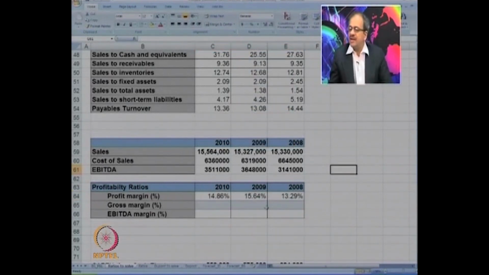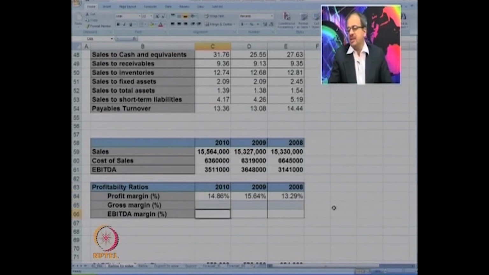We have just converted it into a percentage. So, we got 14.86. Last year it was 15, and last to last year it was 13. So, the margin is more or less the same. We can say there is a slight improvement in 2009, but again it has somewhat gone down. But overall 14.86 could be considered a good margin, because this is the net profit margin, which is usually low, but the company is able to generate a good profit margin from its sales.